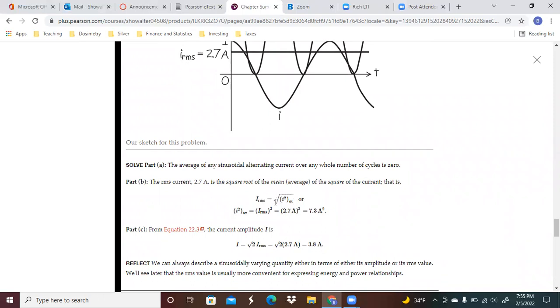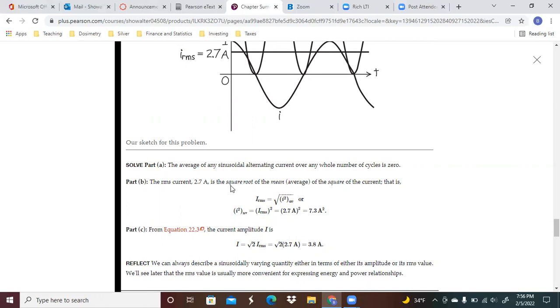We know it's equal to the square root of the current squared average value. If we take the square root of both sides, we end up with this. We know what this value is, and therefore the current squared average value is going to end up being 7.3 amps squared.